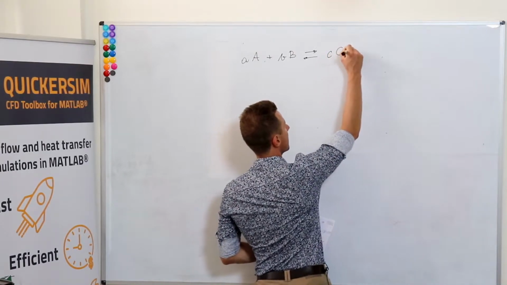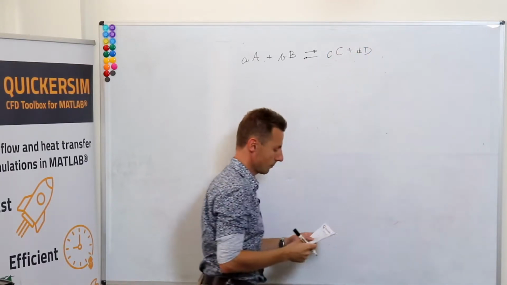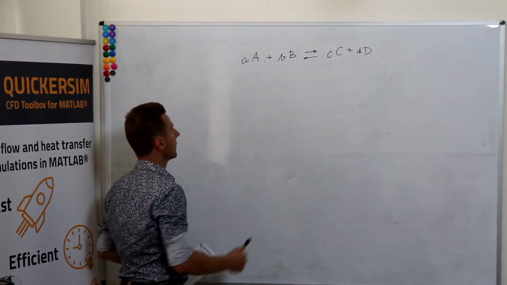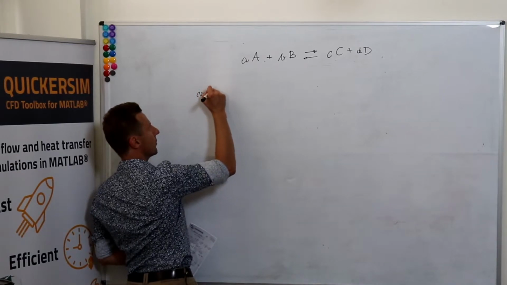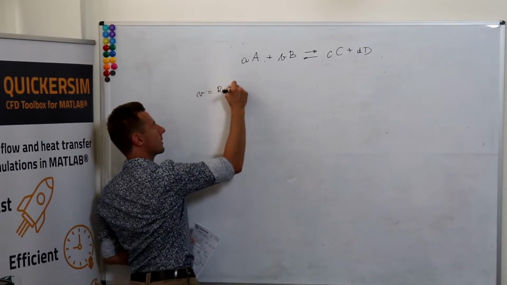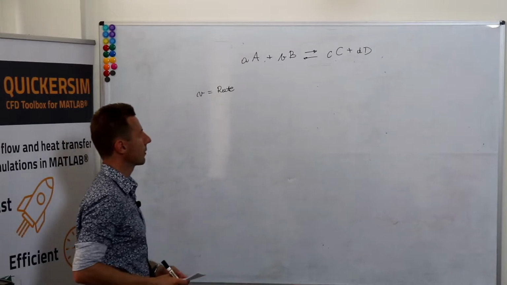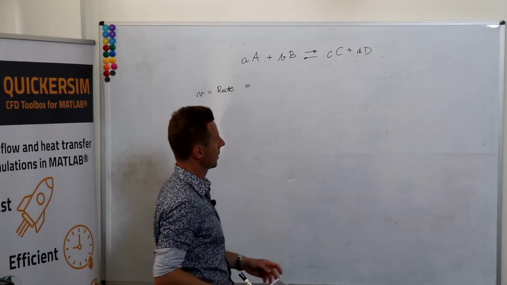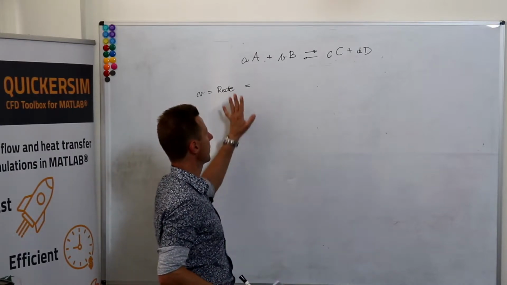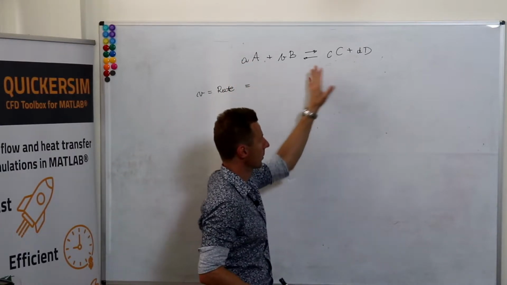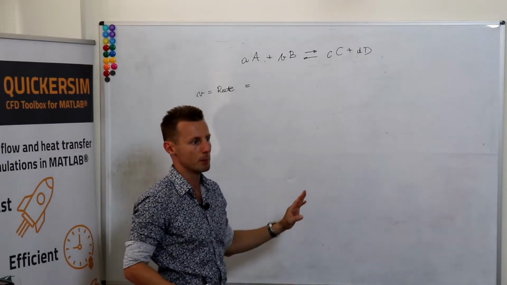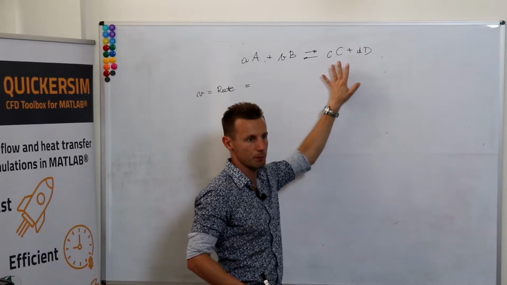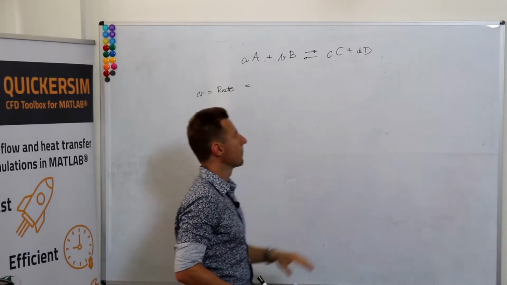So let's say these are the products. And the first thing that should be defined is the V. This will be the rate of the chemical reaction. It can be defined by each of these components, but I think it's easiest to remember that the rate of the chemical reaction is how quickly you produce the products.